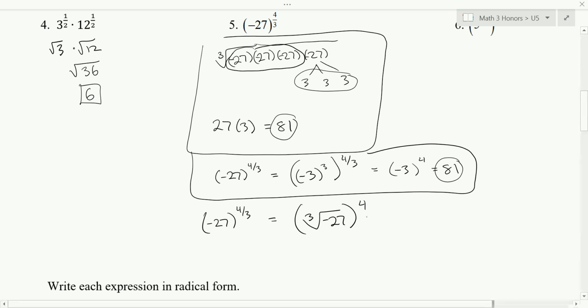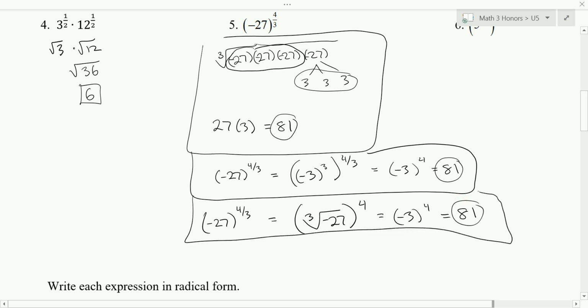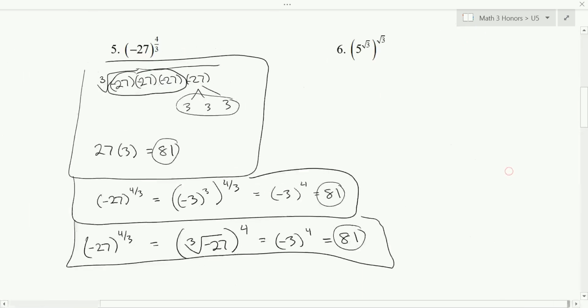So if I did this, I'd get negative 3 to the 4th, which again, we're getting 81. So you don't have to do it 3 different ways, but knowing how the 3 different ways work gives you some more ability as you have different kinds of problems and different approaches to take.